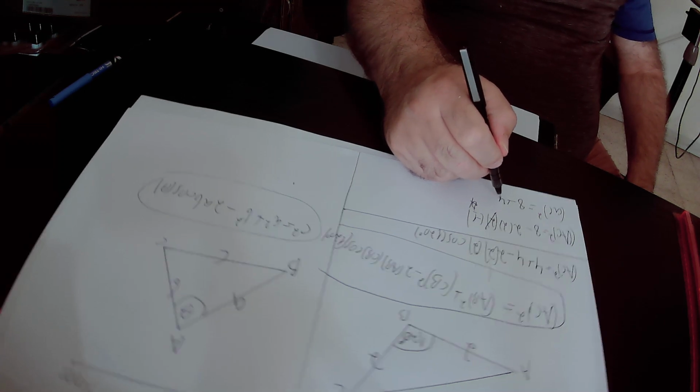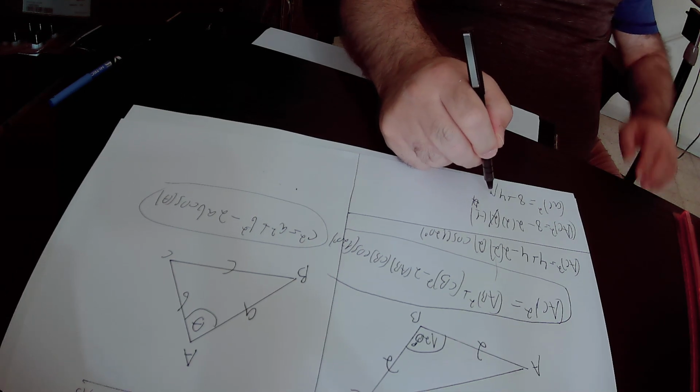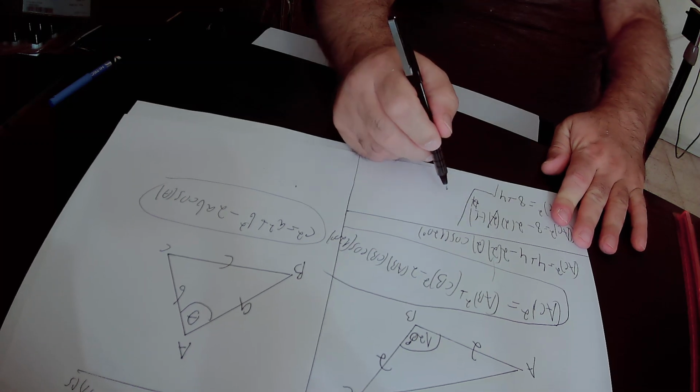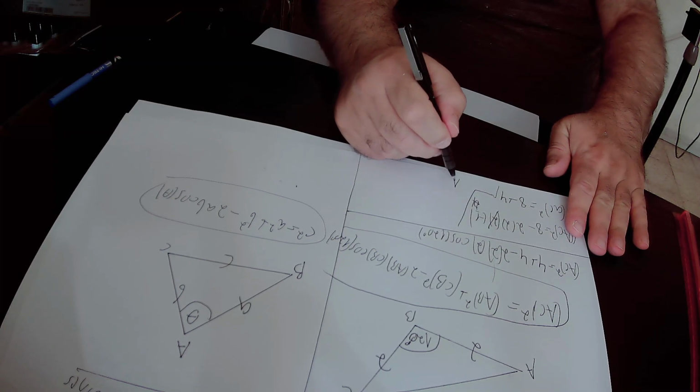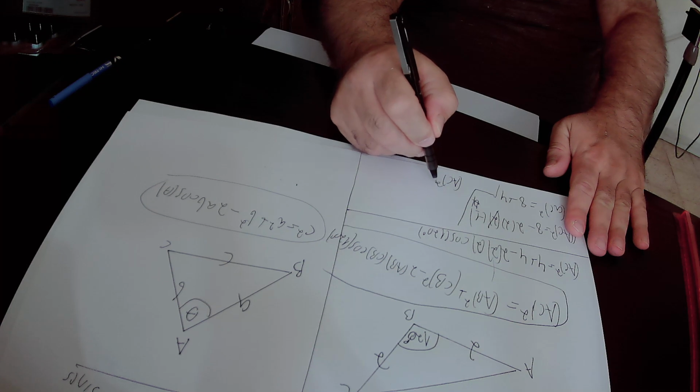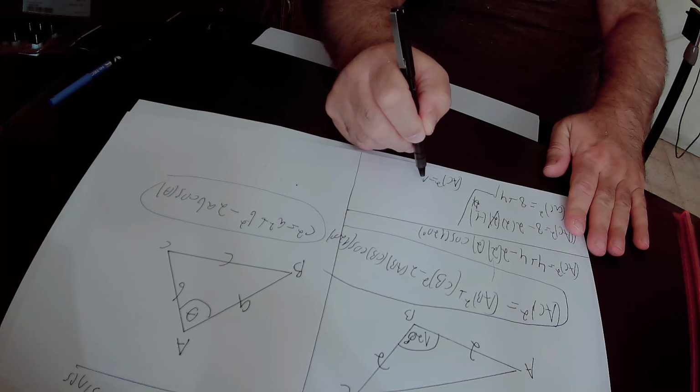AC square equals 8 plus 4. That is to say, AC square equals 8 plus 4 is 12.